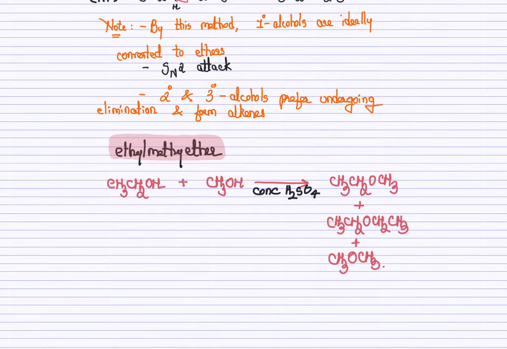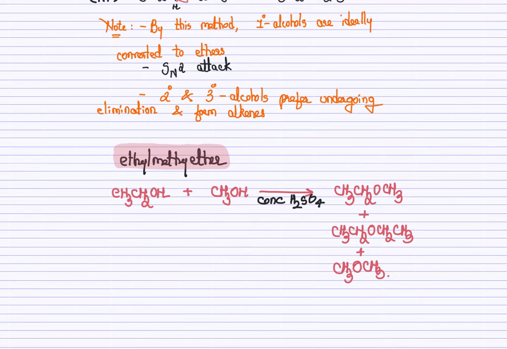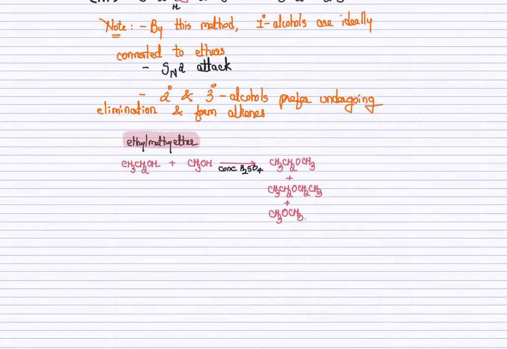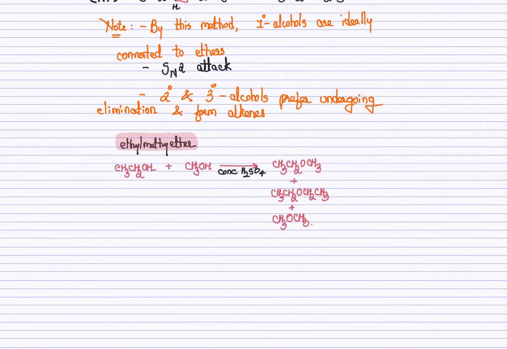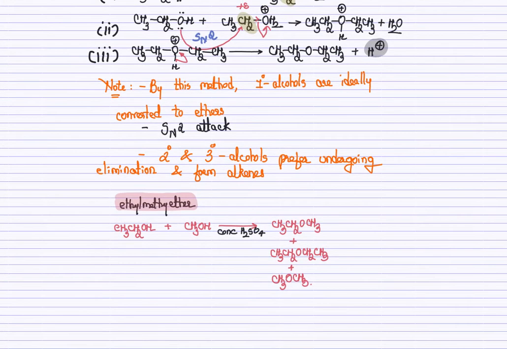So I think you also understand the problem of producing a mixed ether. If you try to produce mixed ether by taking two different alcohols, then you may end up getting three different products. This is one example that is discussed in our textbook, and they have not given the answer, but here I have shown you what might happen if you take two different alcohols, right?